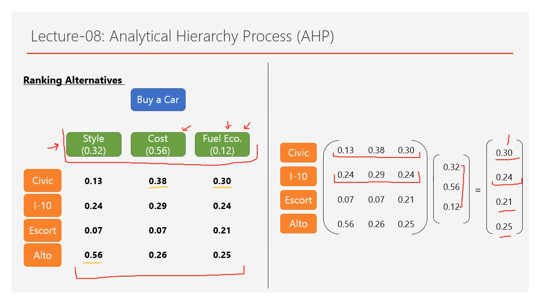We had the actual miles per gallon. So you can see that AHP has incorporated both subjective and objective judgment into the decision-making process. And based on our preferences and judgment, we can get a mathematically sound result that would help us make informed decisions accordingly.